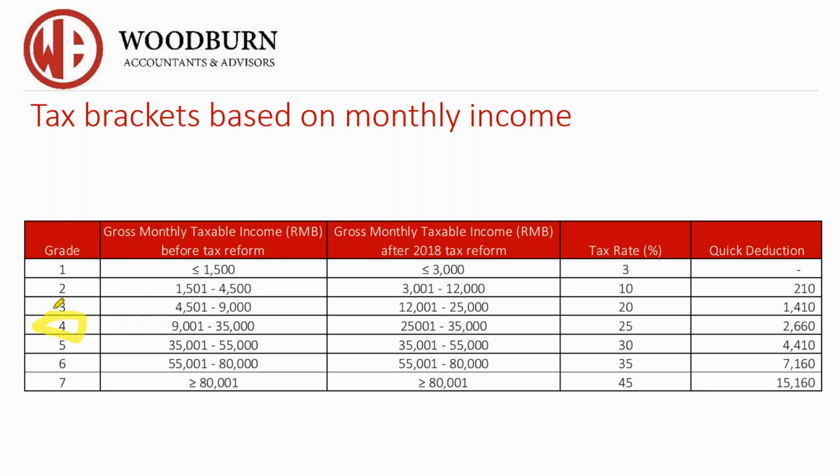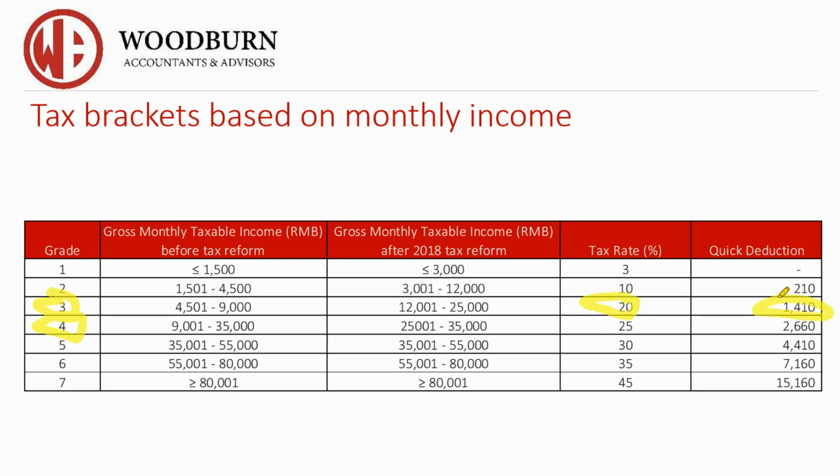Sorry, apologies, I looked at the wrong table. You fall under category 3. You have a tax rate of 20%. I made a fault in that calculation. I was looking at the annual income, and I should have changed that. So you are going to make your calculation based on 20% and a quick deduction of 1,410.